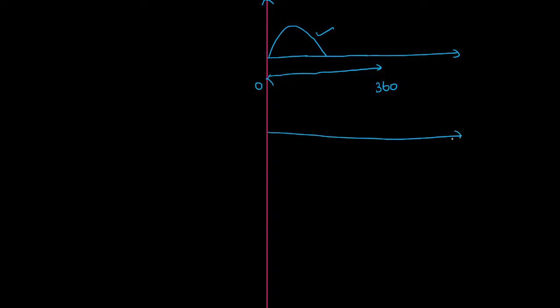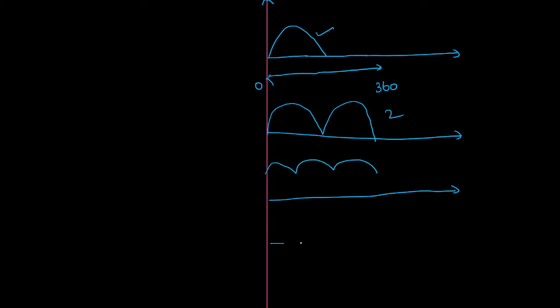Suppose between 0 and 360 we observe two pulses like this, then that is called a two pulse converter. If I observe three pulses, 1, 2, 3. If I observe 6, 1, 2, 3, 4, 5, 6. If I observe 12.